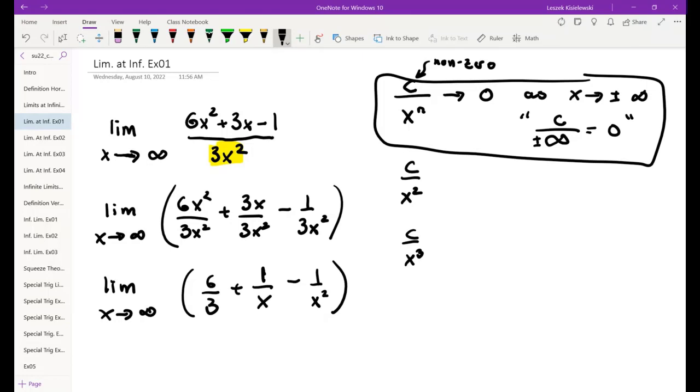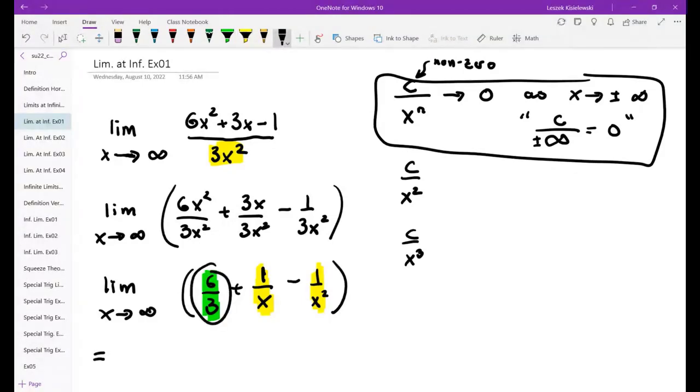Because we have either a constant term, which is unaffected by what x is doing, it just remains itself regardless of where x is going, but the other terms that have an x in the denominator will definitely go to 0 as x goes to infinity. So that's the main idea in computing these limits pre-L'Hopital's rule.